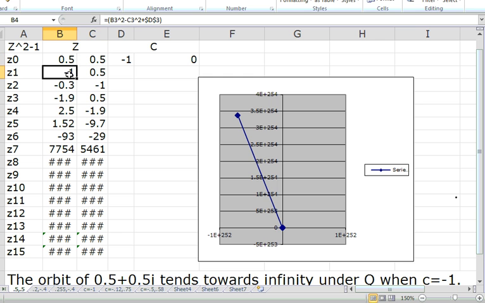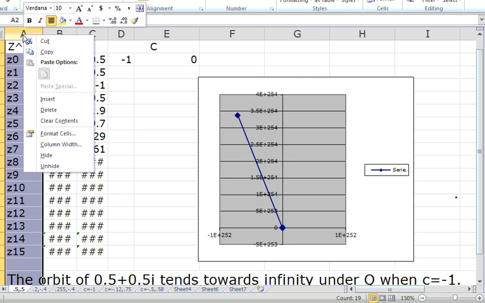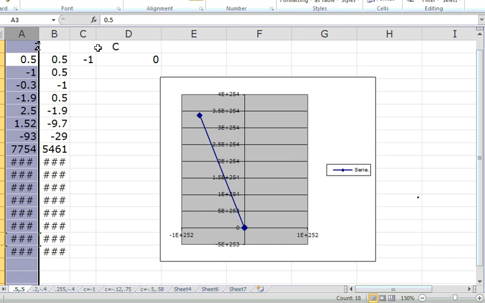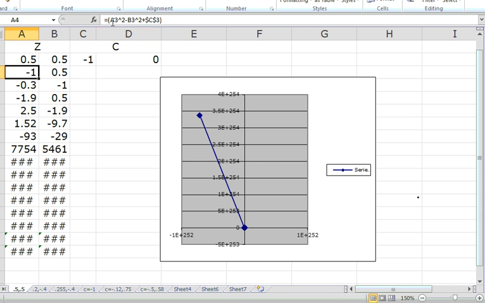So, here's my formula, with a and b in column A and B. A squared minus B squared plus C. I have those dollar signs there because it will never change. It's a constant. Or you could just drag and drop the whole thing, and every time C is negative 1 or 0.